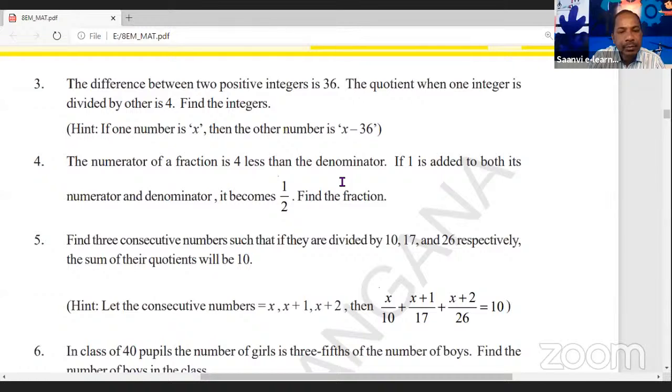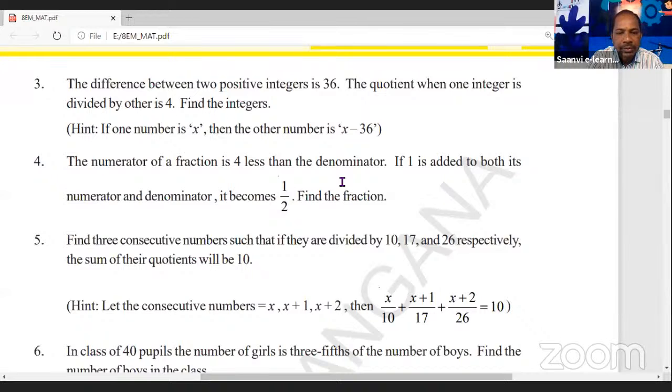Find three consecutive numbers such that if they are divided by 10, 17 and 26 respectively, the sum of their quotients will be 10. And here one hint is given: let the consecutive numbers be x, x plus 1 and x plus 2.